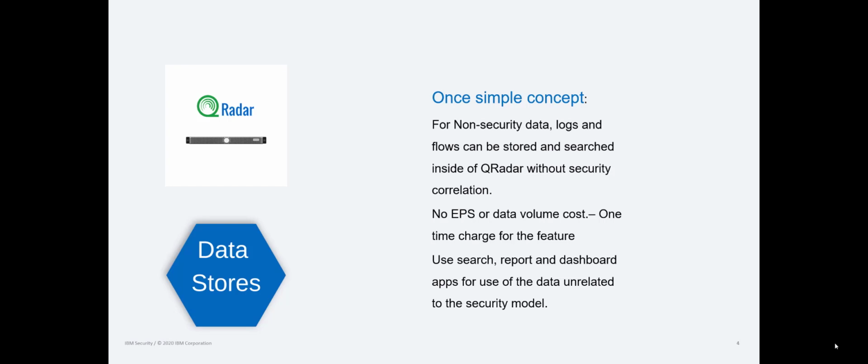By non-security logs, these are things that are not going to go through the SIM engine, are not going to generate offenses, but are still searchable and dashboardable and all of this good stuff. So if you're looking for a way that you can access your data and view it in the same look and feel as your QRadar, it allows you to do that without you paying the high cost of running it through the SIM engine, right? Because they're low value logs, we charge you that kind of low value price.